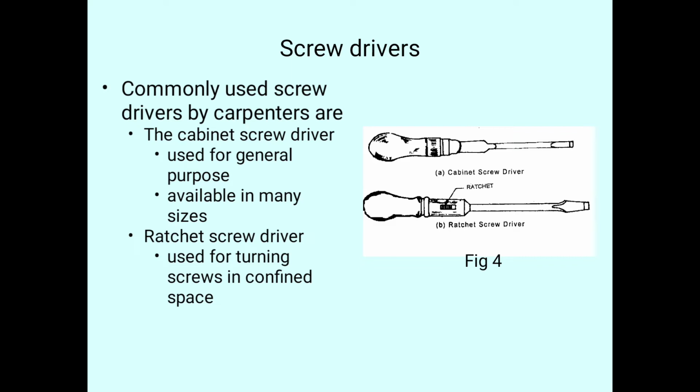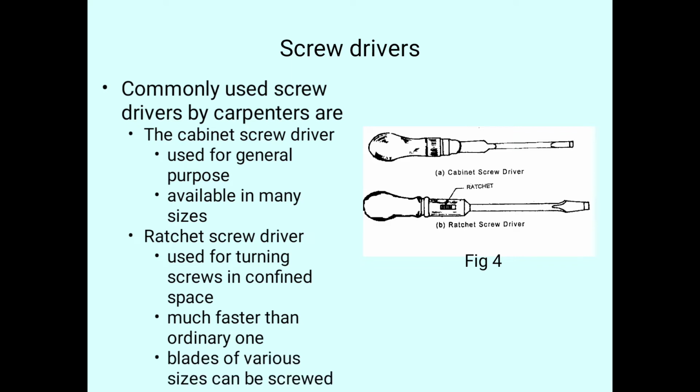The ratchet screwdriver is used for turning screws in confined space, much faster than the ordinary one. Blades of various sizes can be screwed with the help of a ratchet screwdriver.